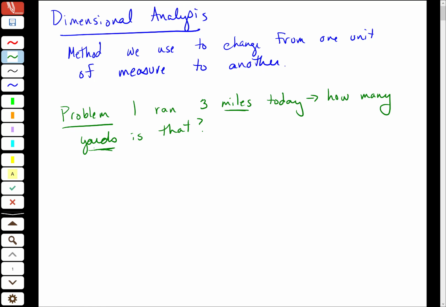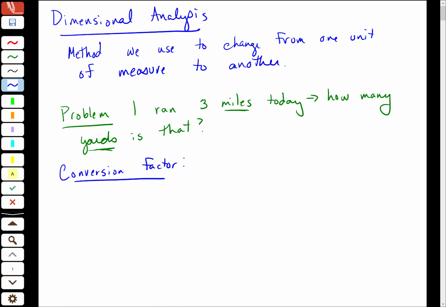Okay. In these problems we use something called a conversion factor. Conversion factors are conversions from one unit of measurement to another.